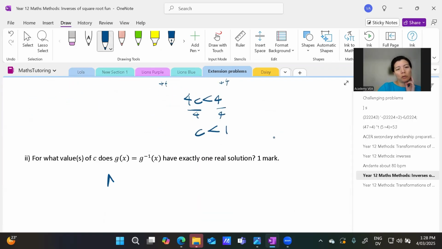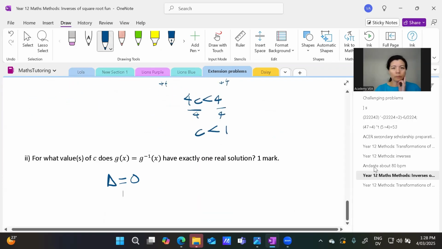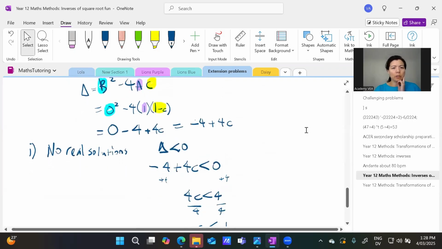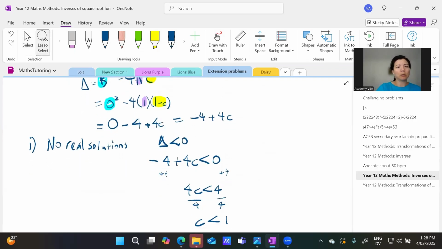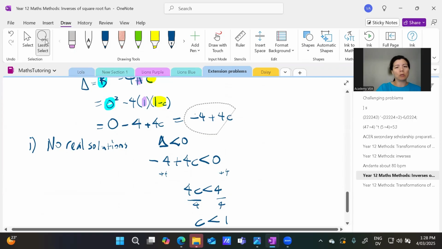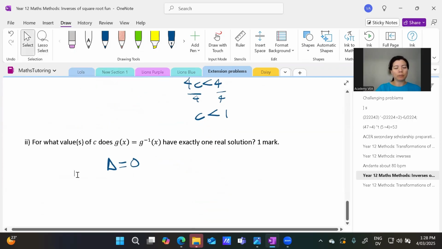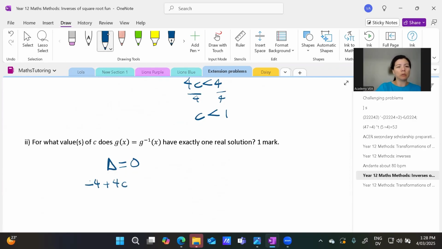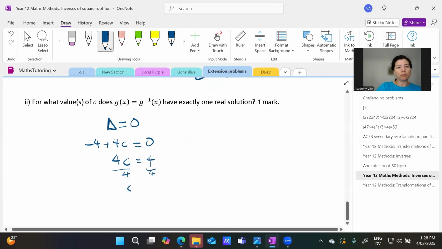And this time you want the discriminant to equal 0. So that's great. We can take this part here, which is our discriminant, make it equal 0. Which means that 4c equals 4, divide by 4, you get c equals 1.